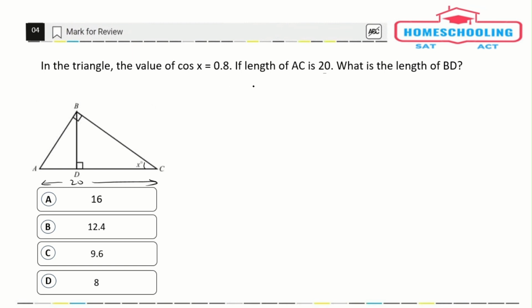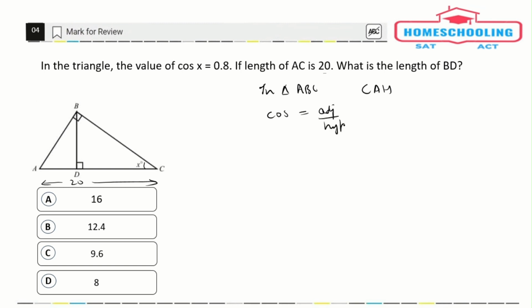So let's take triangle ABC, and we take this one as a right triangle here. So cos x is, so ka toa, that would be adjacent by hypotenuse.